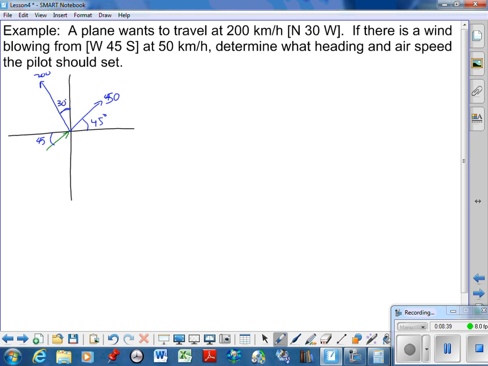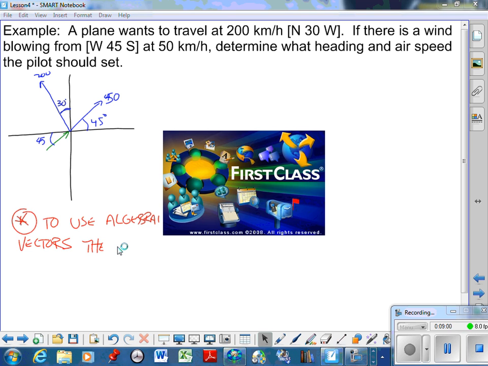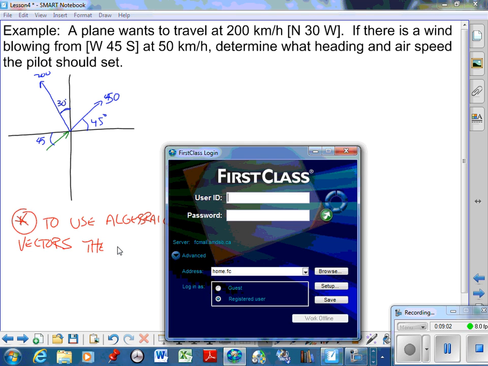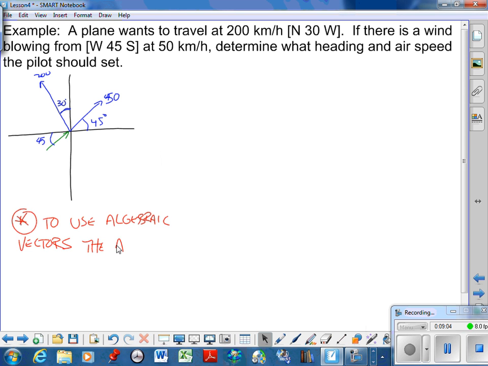One of the major problems, and I can't stress this enough, so please make a note: to use algebraic vectors, and if you look back, every question we've done so far is true to this, the angle must be with the x-axis.